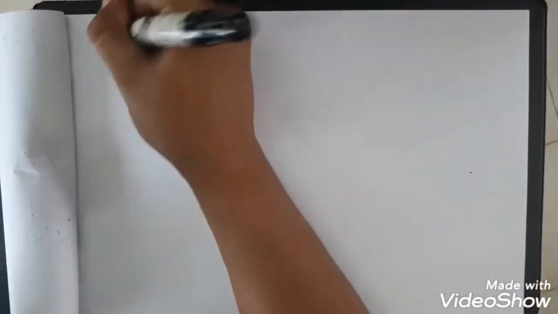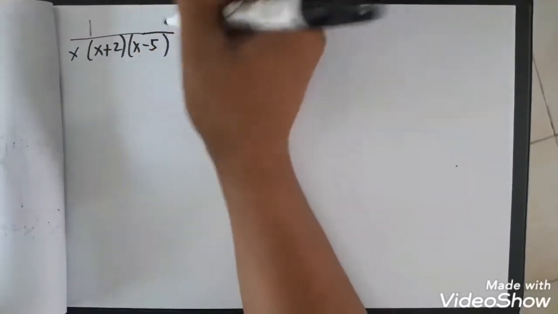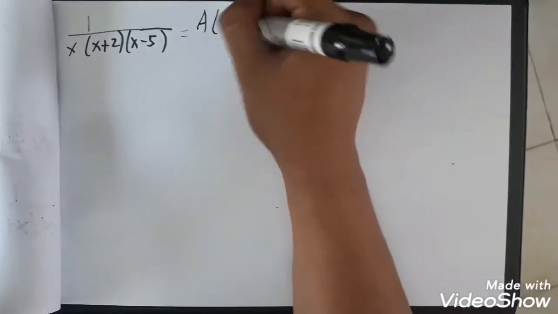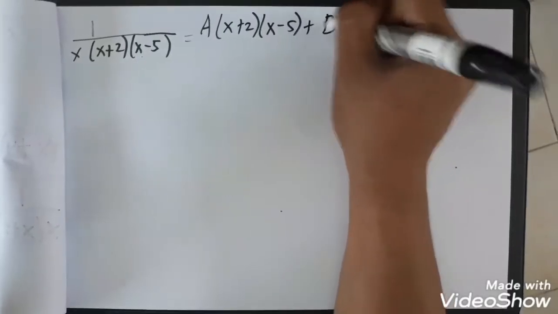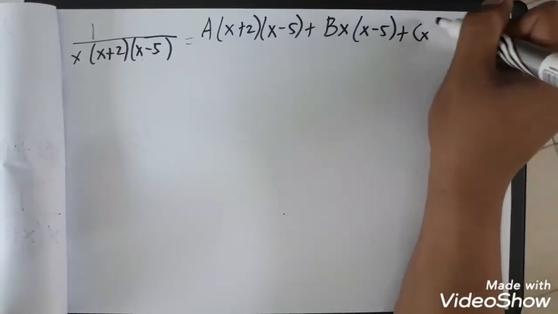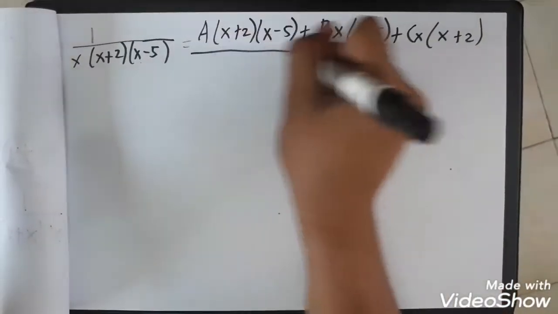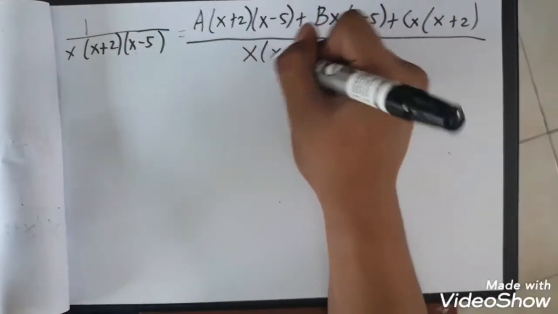So 1 over x(x plus 2)(x minus 5) is equal to A(x plus 2)(x minus 5) plus Bx(x minus 5) plus Cx(x plus 2), all over x(x plus 2)(x minus 5).